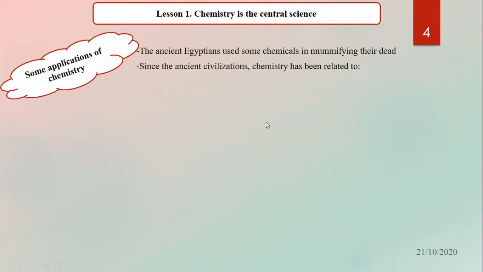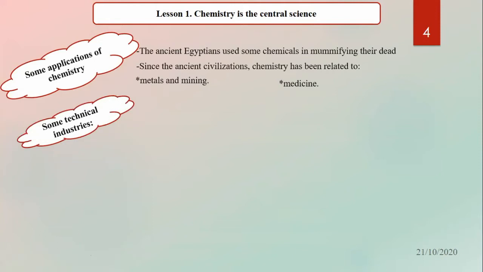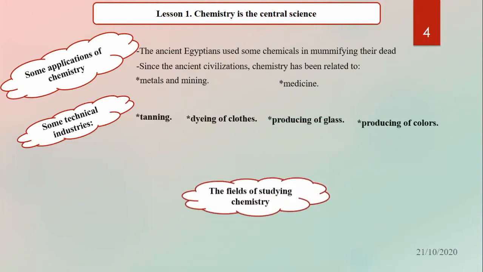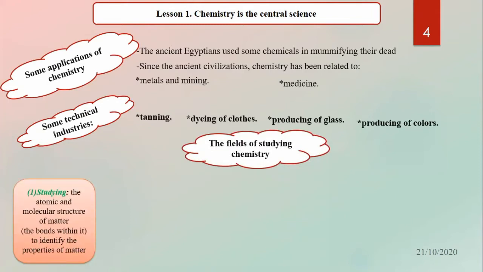Ancient civilizations like the Greek civilization used chemistry in metals, mining, medicines, etc. We also used chemistry in some industries like tanning, making clothes, and producing glass. Okay. All of this info we have studied before.